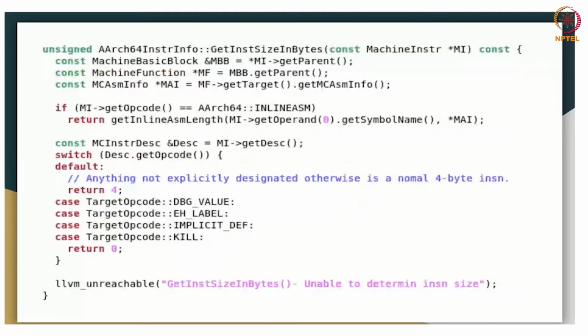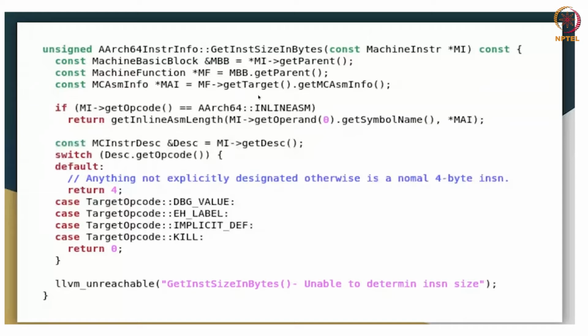This is code which I just copied from my machine's code, like the lib analysis AArch64 instruction info CPP file. This function is get instruction size in bytes. The argument is a machine instruction. Then inside that, the code is written to implement it.